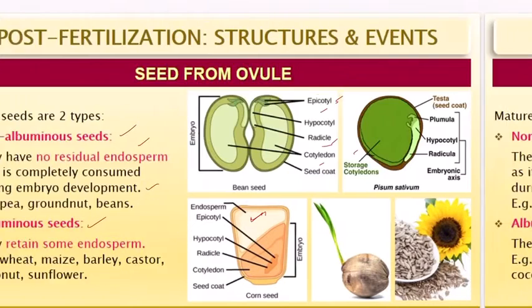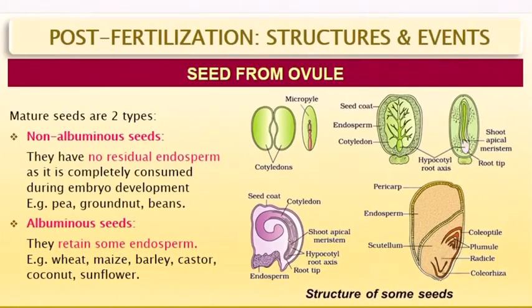Examples: wheat, maize, barley, castor seeds, coconut, and sunflower. All these will have endosperm, so they are called albuminous seeds. And non-albuminous seeds have no residual endosperm, as it is completely consumed during embryonic development. Examples we have seen: pea, groundnut and beans. Albuminous seeds retain some endosperm: wheat, maize, barley, castor, coconut and sunflower.